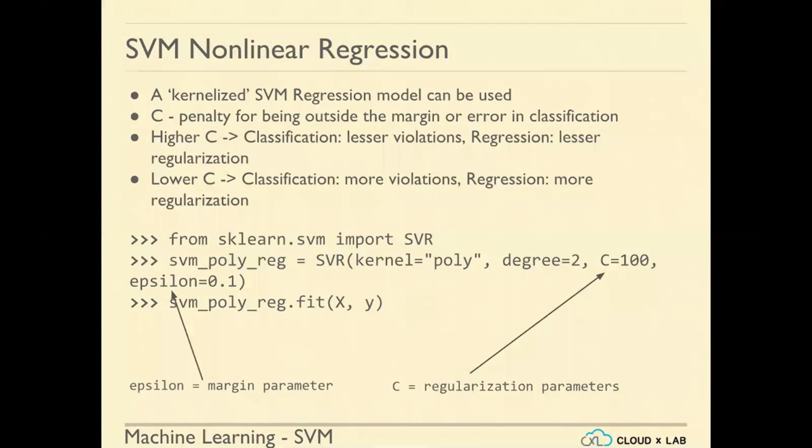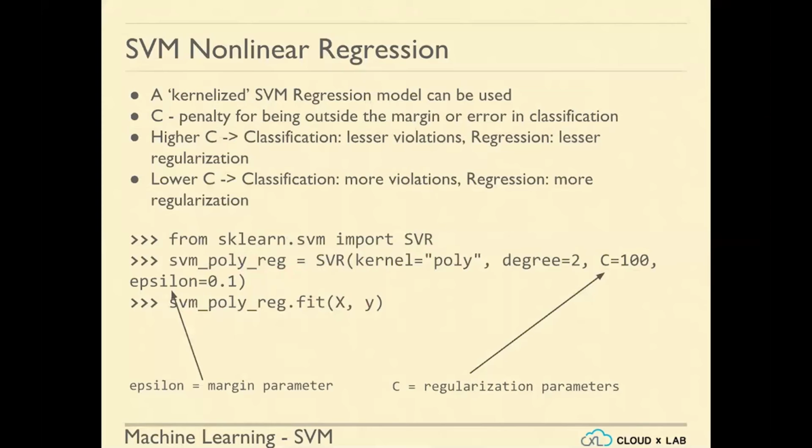All right. So basically, all we do is from the SVM package of sklearn, we import the SVR, and we initialize the SVR with the kernel poly, and we pass degree, C and epsilon to the constructor of SVR. And once we have the object representing SVR, then we call fit on it. So this is how we generally use it.